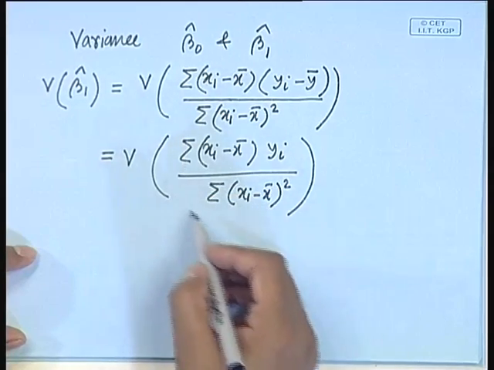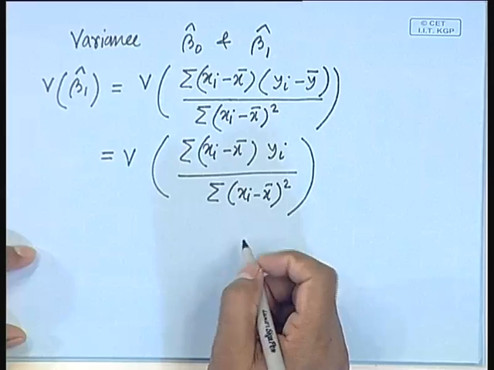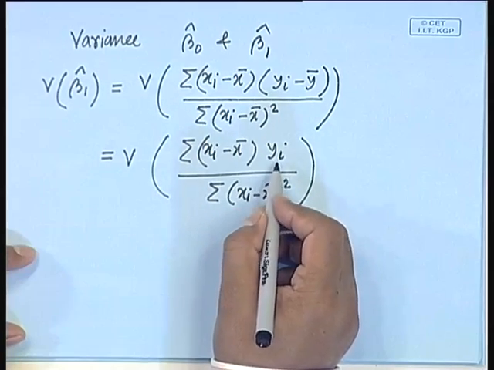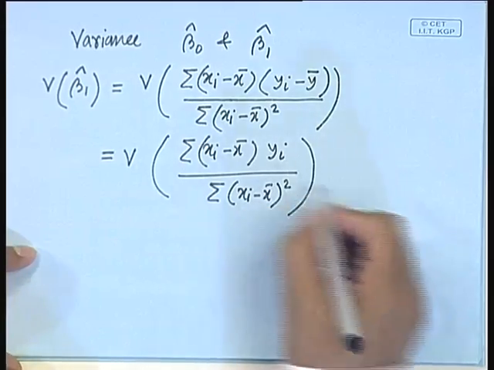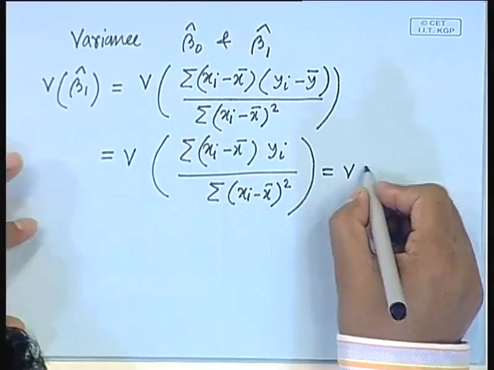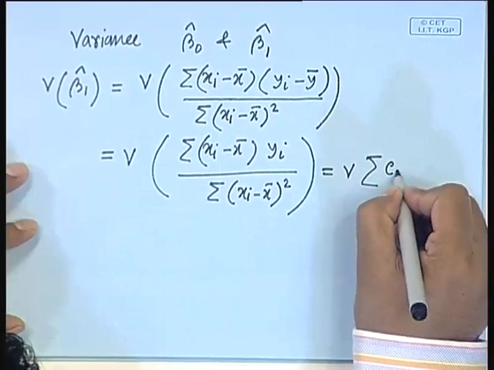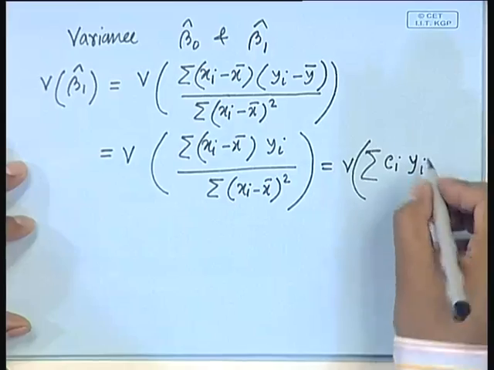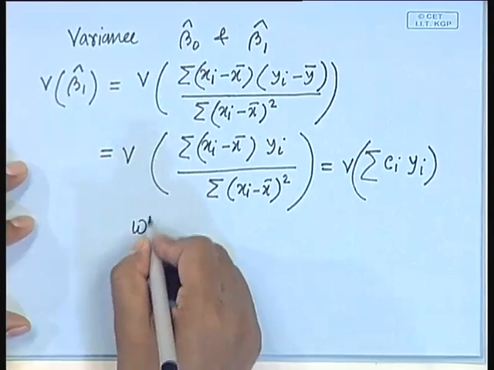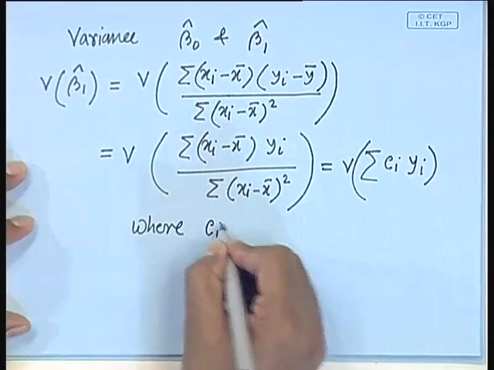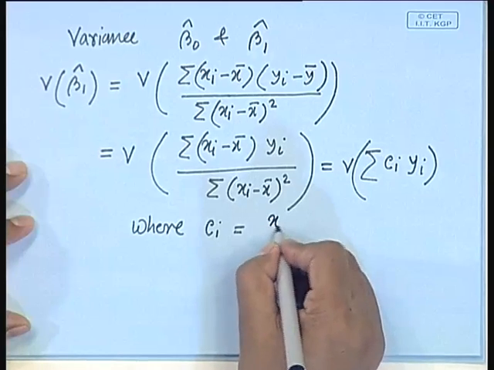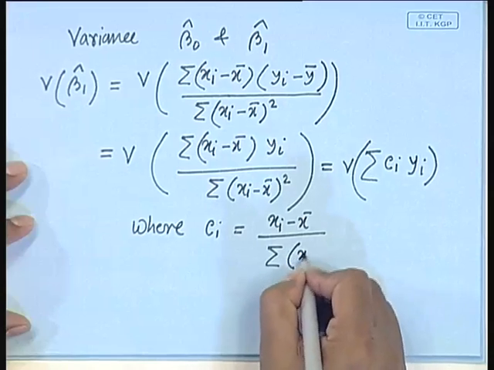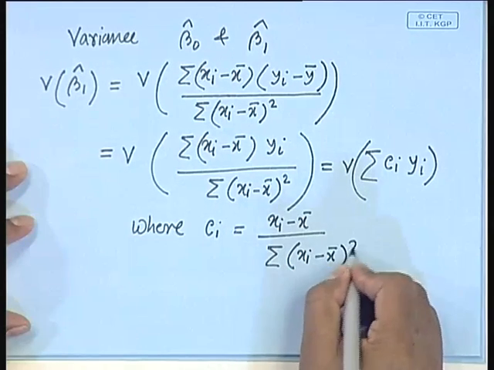Since yi's are independent, the variance of this quantity is equal to variance of summation ci yi, where ci is equal to xi minus x bar by summation xi minus x bar whole square.